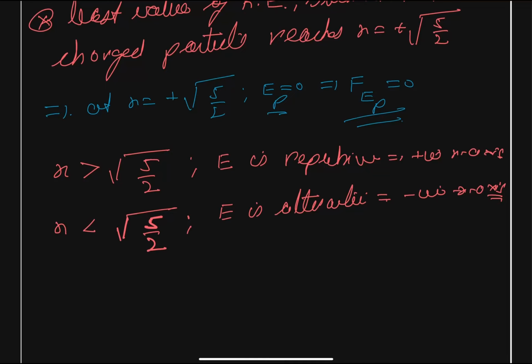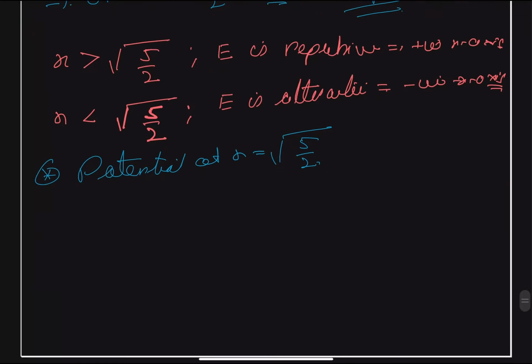Therefore we can say the potential at x is equal to square root of 5/2. So we can just substitute the value as 5/2.